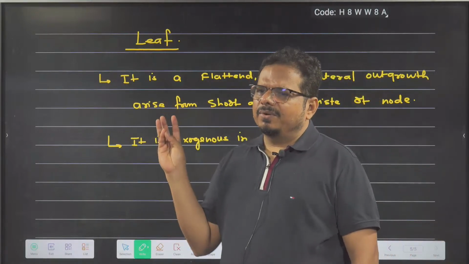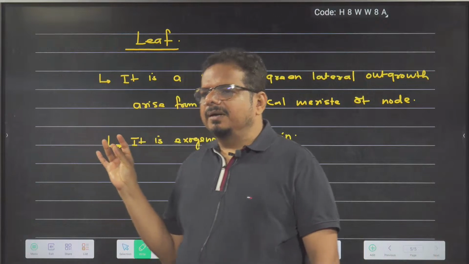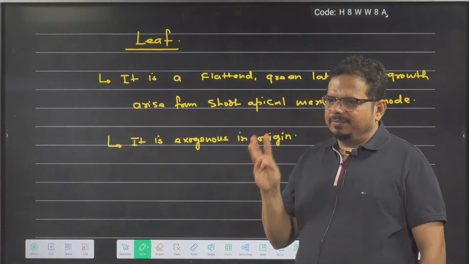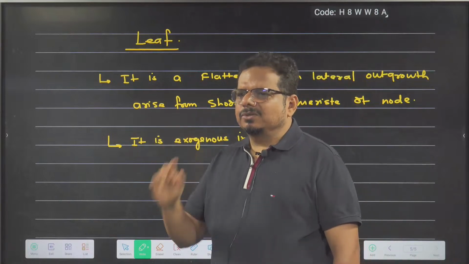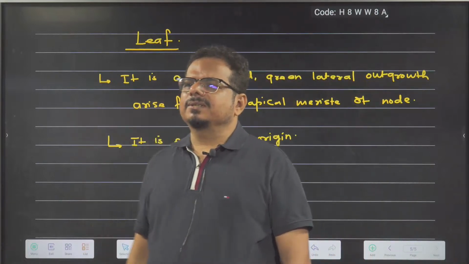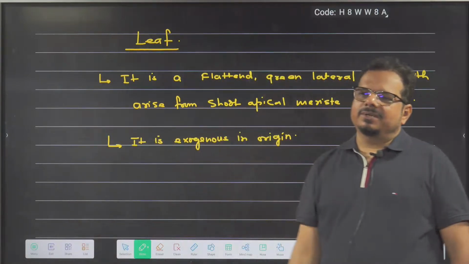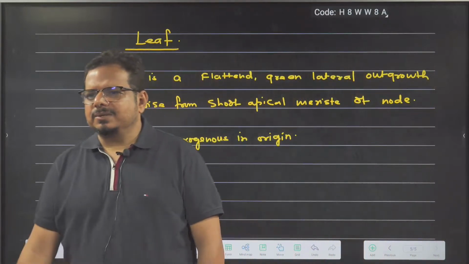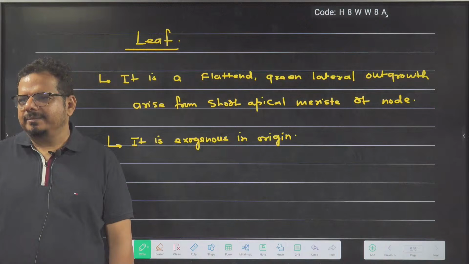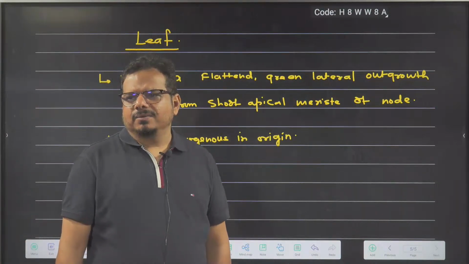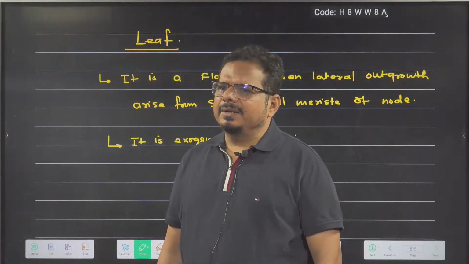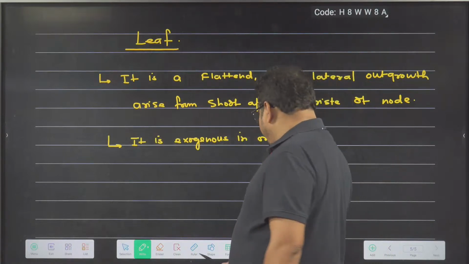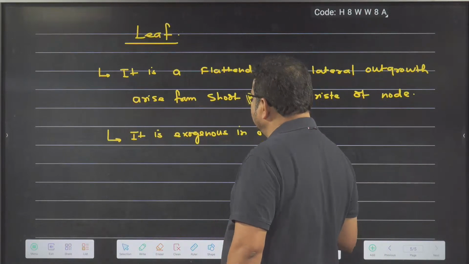Either it is a leaf, a branch or a bud, it is exogenous in origin. Root hair is exogenous in origin, but lateral root is endogenous in origin, because that arises from which one? Pericycle. So you got the idea about exogenous and endogenous. I hope you understand what is meant by exogenous in origin and endogenous in origin. Right? So now we are moving ahead with the leaf.